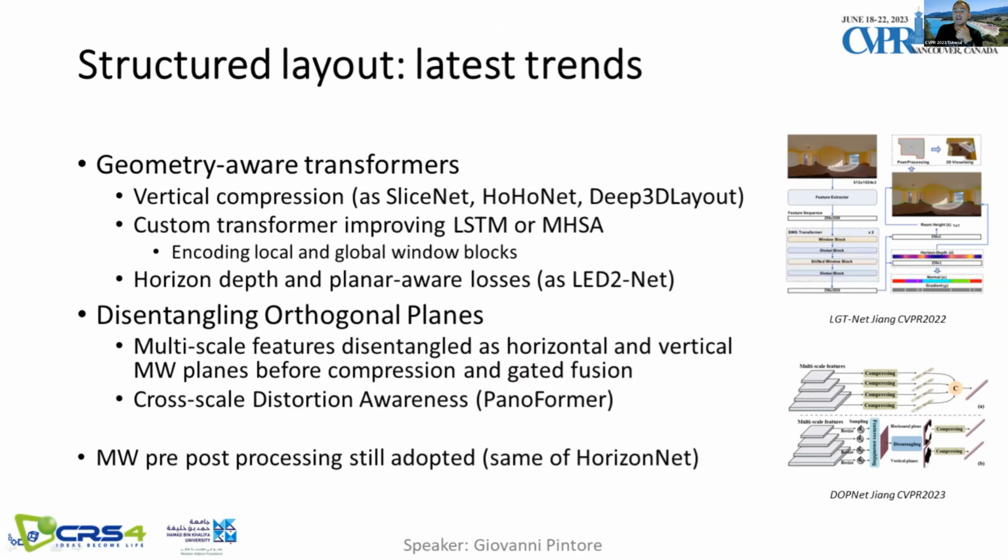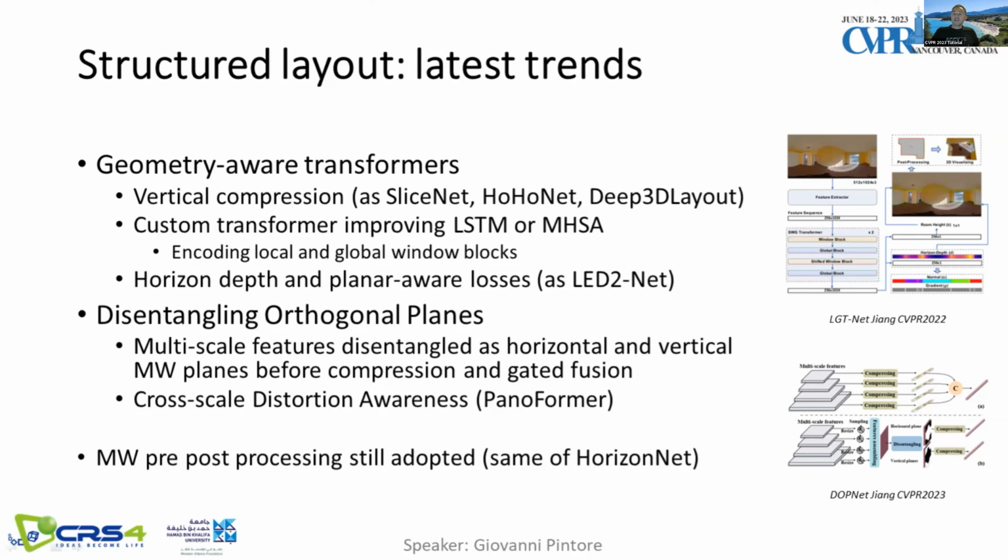Several solutions, even very recent, also in this last CVPR conference, exploit geometry-aware transformers, similar to the geometric transformer we have seen, and are being implemented recently with more effective solutions than those based only on LSTM or multi-head self-attention, like the kind of transformers that are basically image transformers.